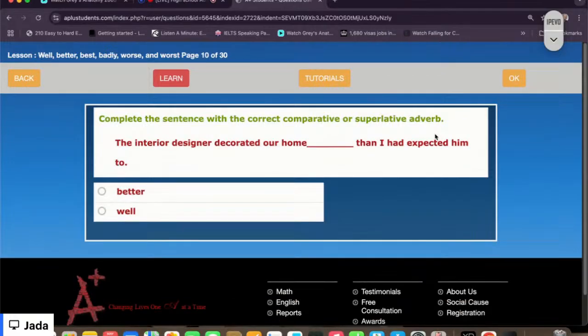So the interior designer decorated our home dash than I had expected him to. Better or well?